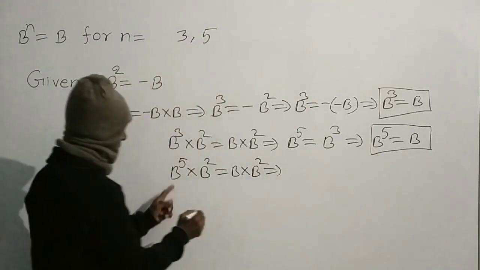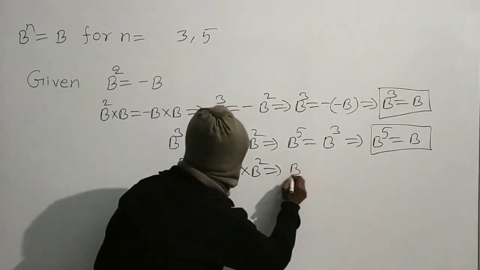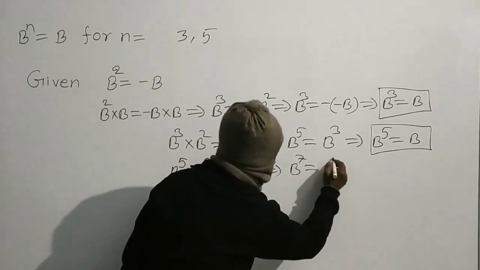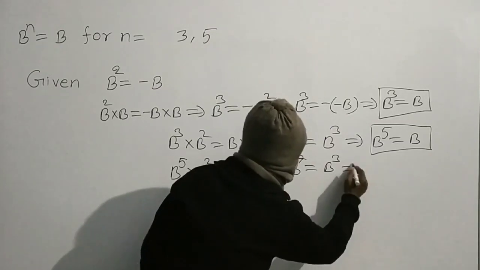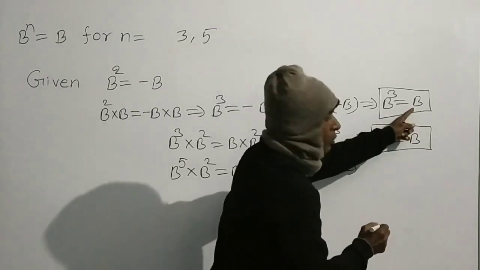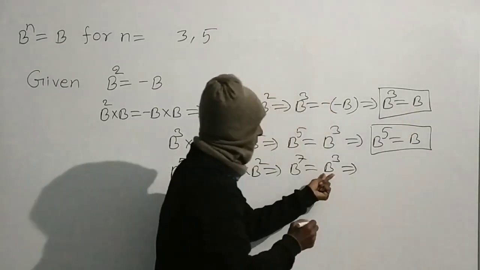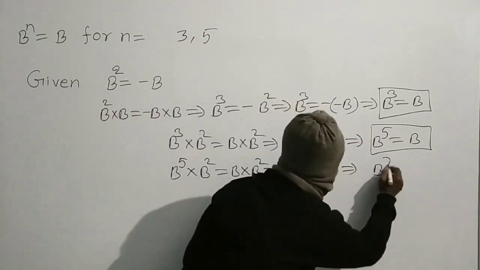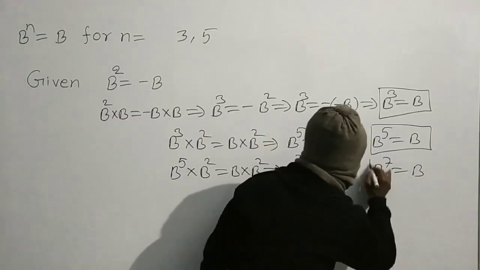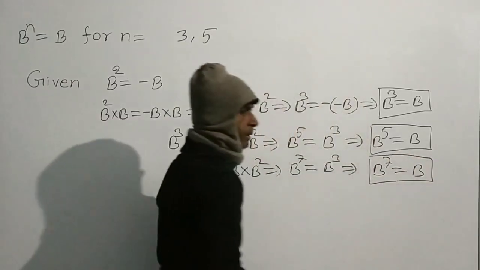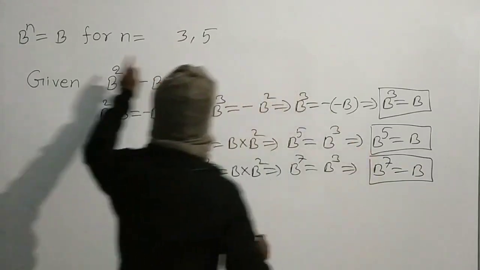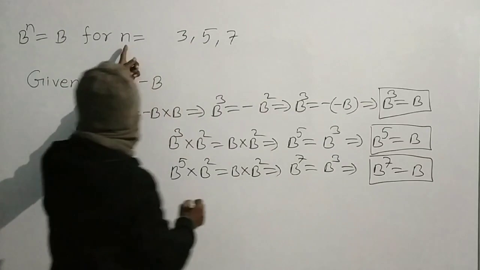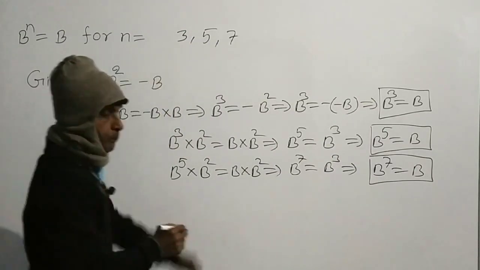This implies B to the power 7 is equal to B cube, but B cube is equal to B. When we write B in place of this B cube, this becomes B to the power 7 is equal to B. That means 7 also satisfies this equation. Therefore, 7 will also be one value of n.